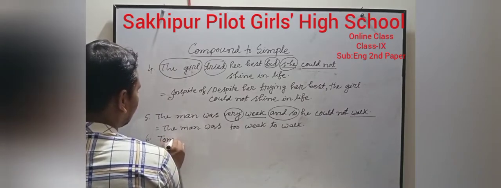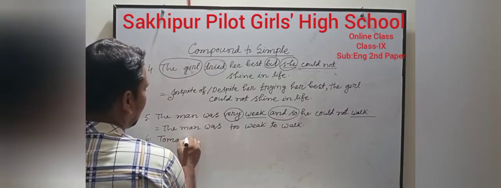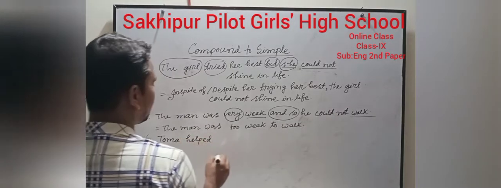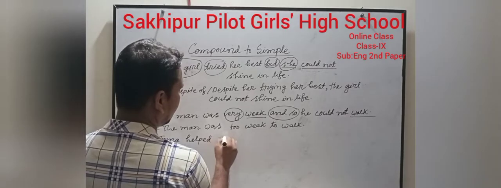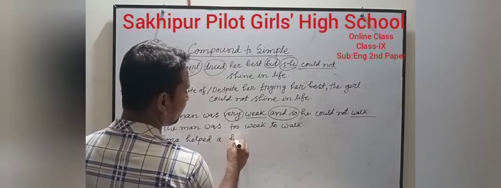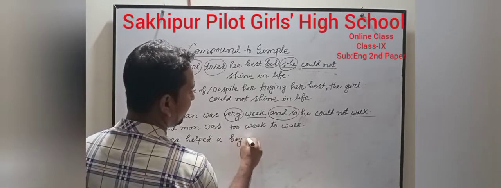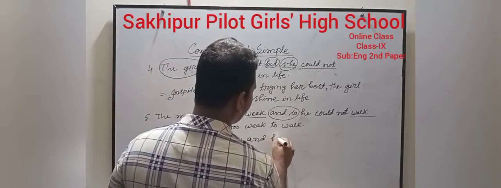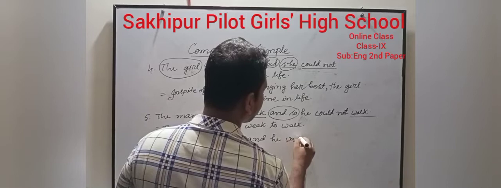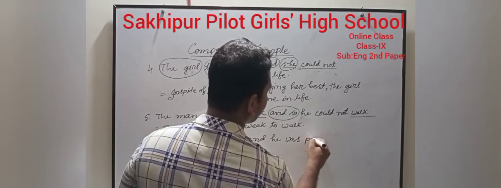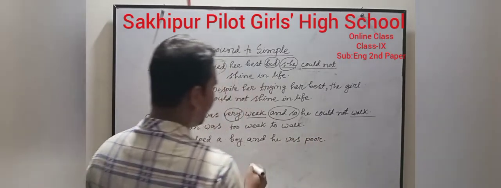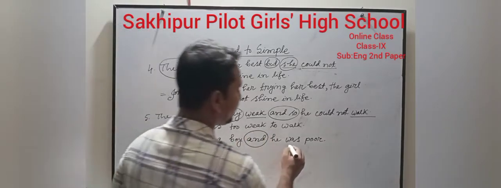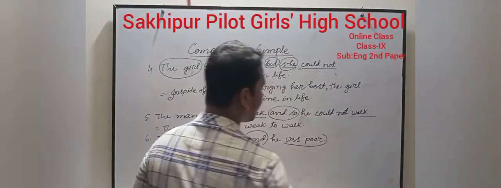Toma helped a boy and he was poor. Here the conjunction is "and", and in the second clause there is a be verb and an adjective.